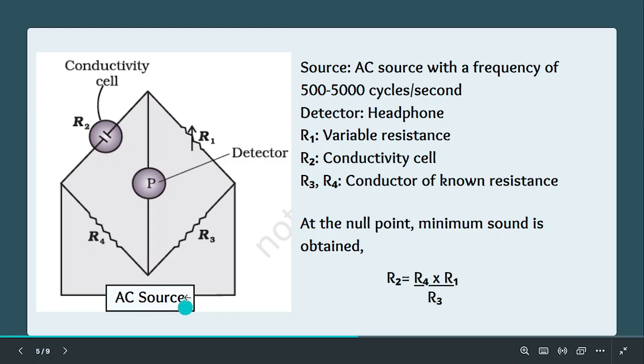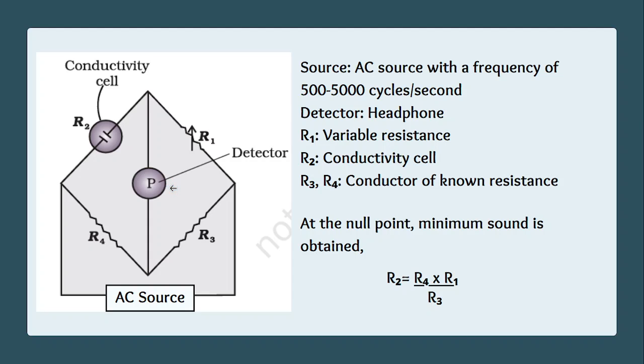And we know why we're using the AC source. That's because we don't want the polarization effects to happen. The second thing over here is that R1 is a variable resistance. R4 and R3 are known resistances. And here we have the detector.